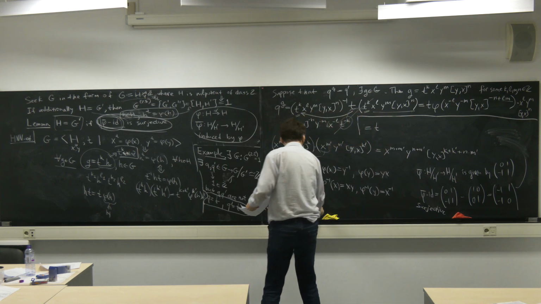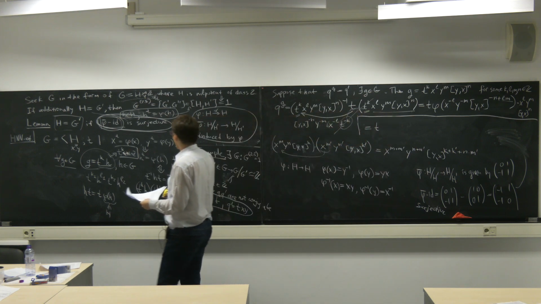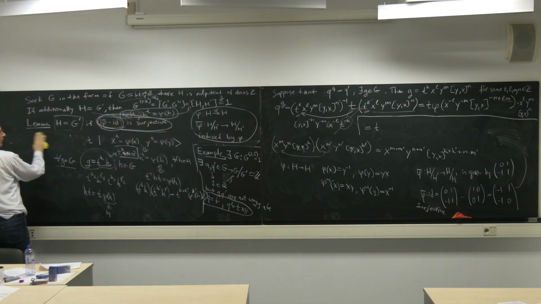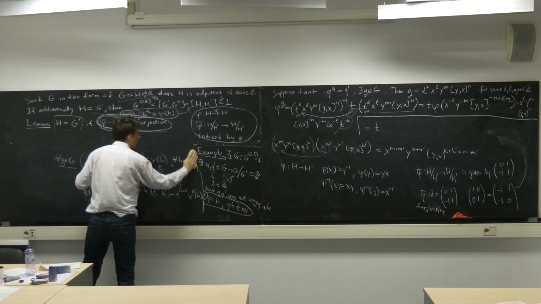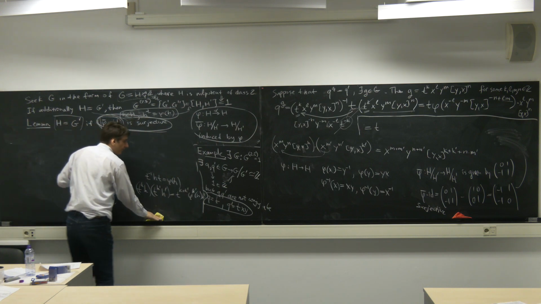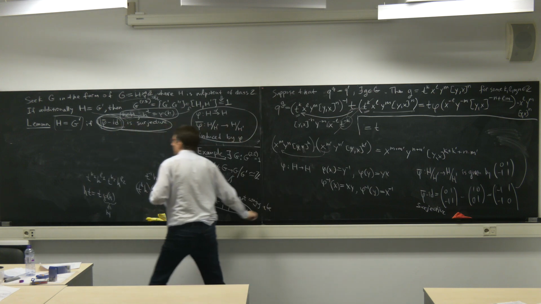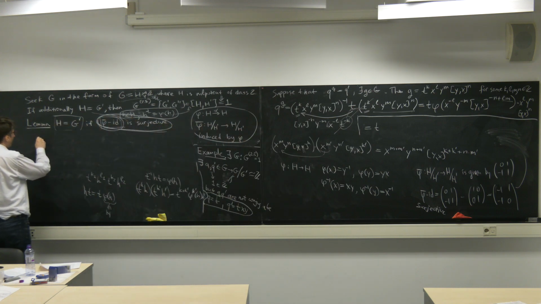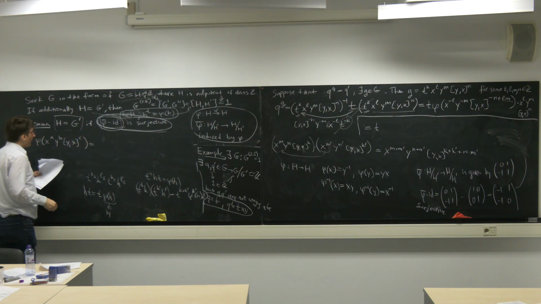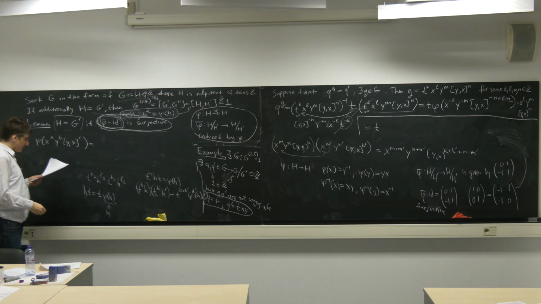Well, maybe I should do it separately. So if I have phi of x to the a, y to the b, and yx to the c, then what is it going to be?